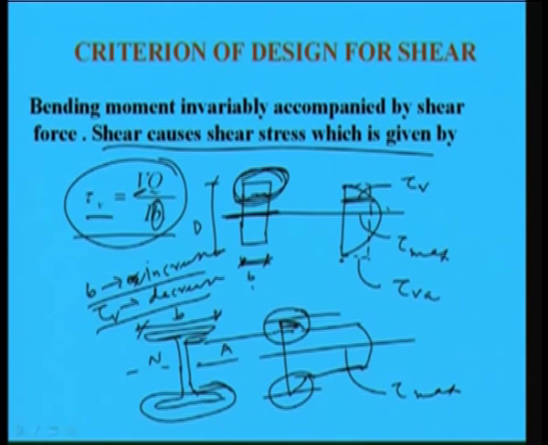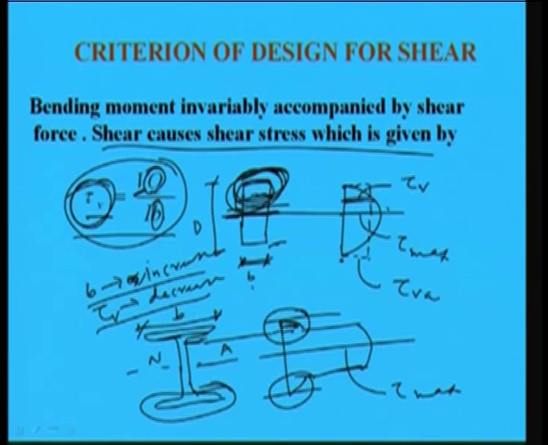Now, you see the moment we are increasing the value of Q, tau V will be increasing. That means, if you go down from the extreme top fiber or go up from the extreme bottom fiber, then this area will become more. So, the outer section area will become more, means this Q will become more, that means tau V will become more.